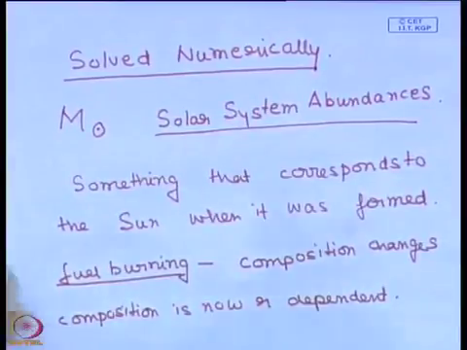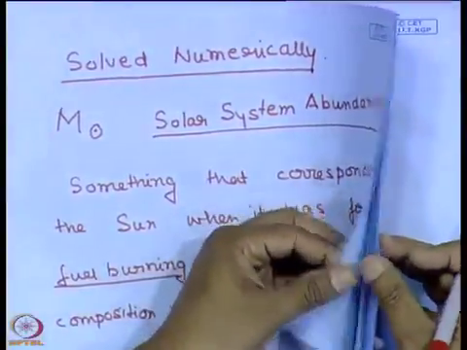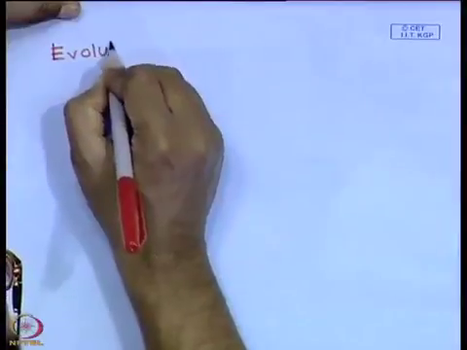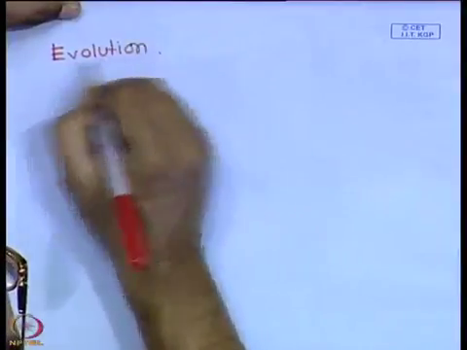So basically there is the evolution effect which one has to take into account, and then you are finally led to a model which you expect to match with the sun as it looks now.